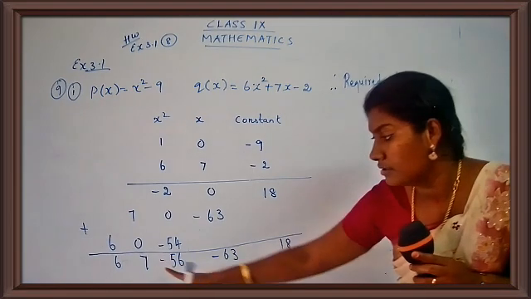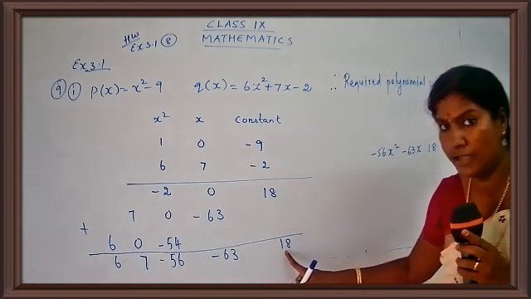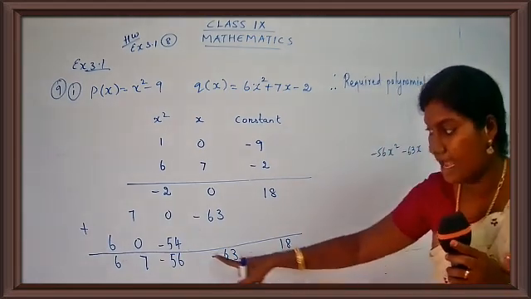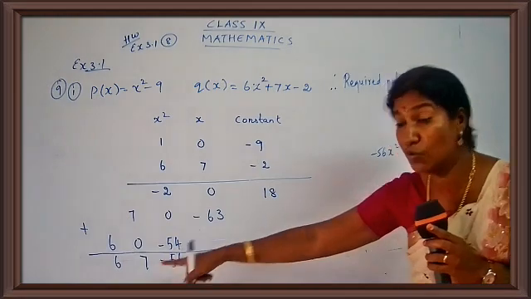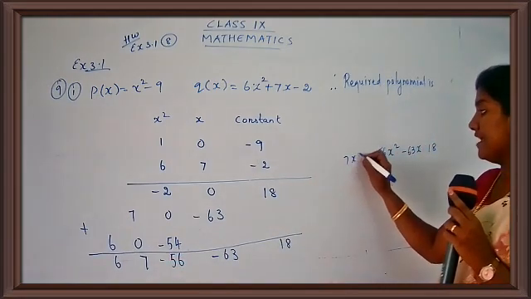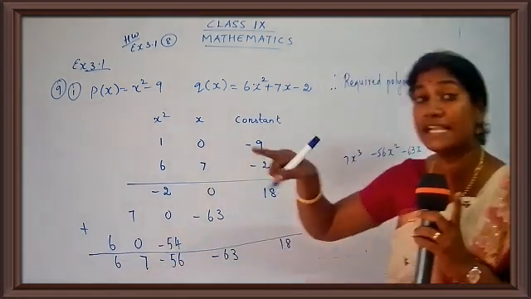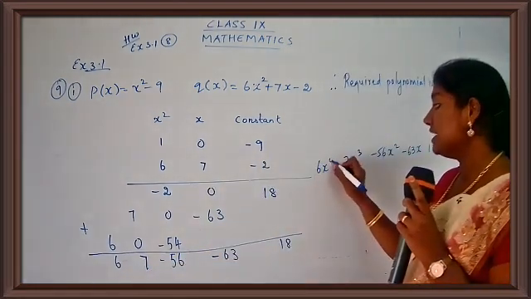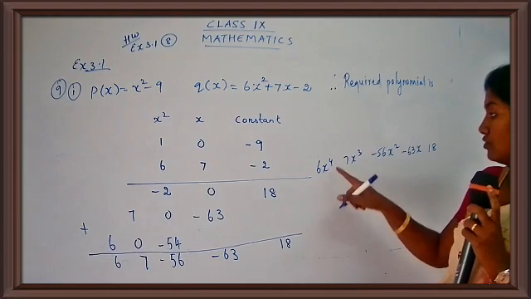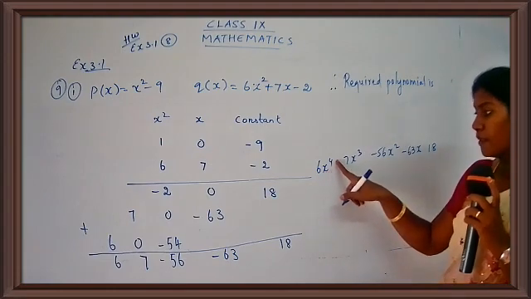Then 7x cube. And this will be x raised to 4, so you have to put here 6x raised to 4. Now here no sign is there.